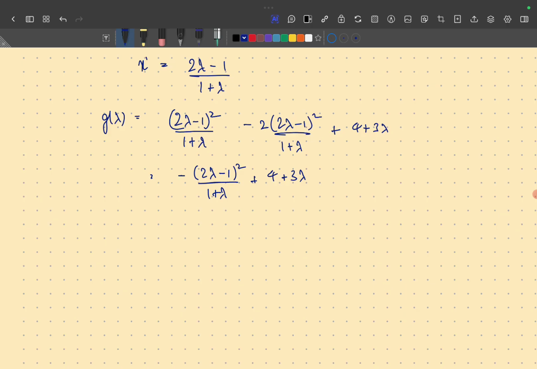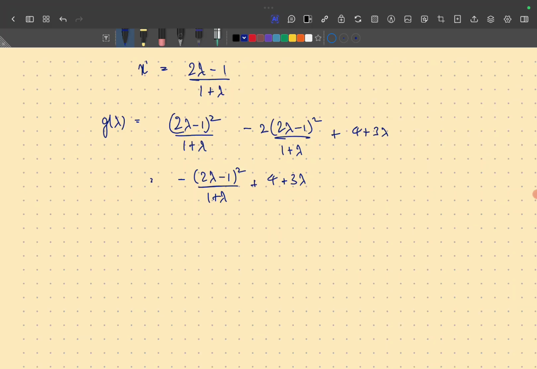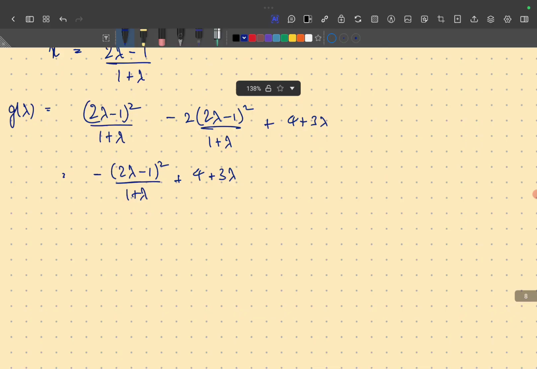The dual feasible set is all lambda greater than or equal to 0. So the dual feasible set is actually much simpler than the primal feasible set. It's always going to be something simple.